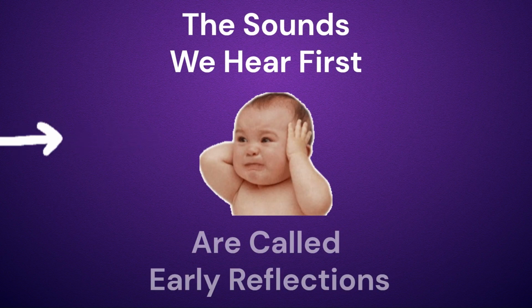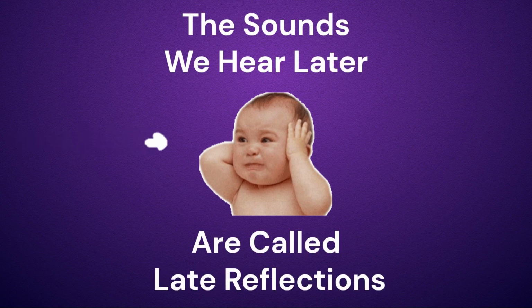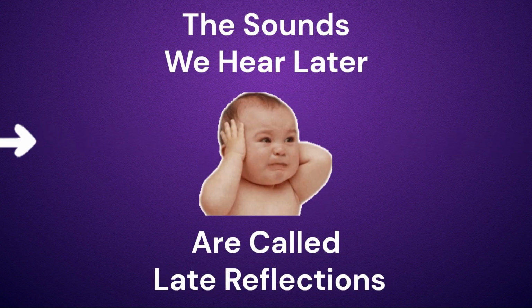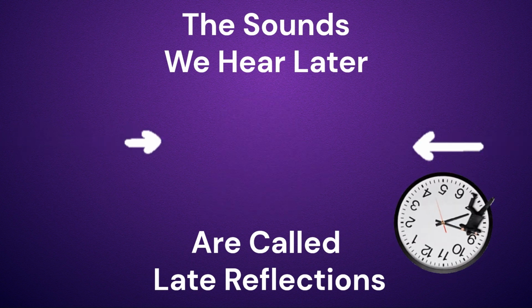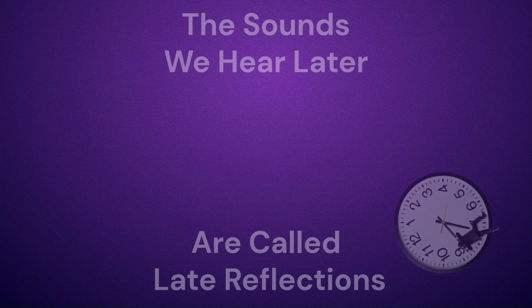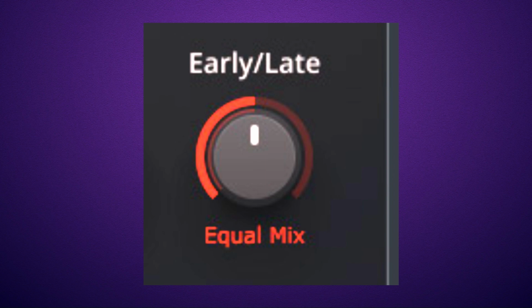As we become washed in the reflections in very reflective spaces, the sounds that we hear first are called early reflections. The sounds that hit us later are called late reflections. These are terms that are often applied and used in the artificial reverb we use when we're making audio productions.